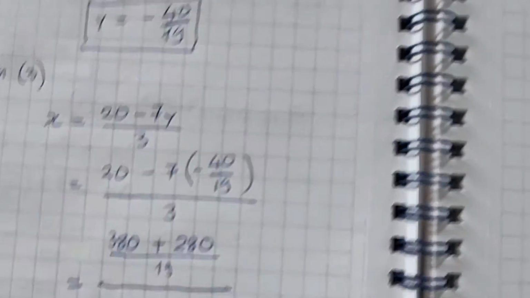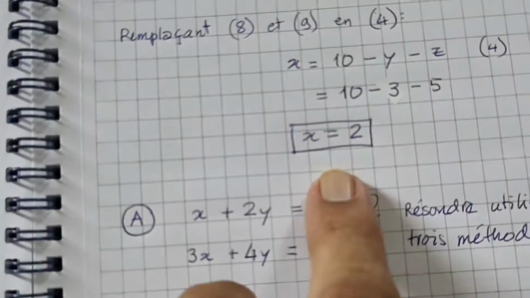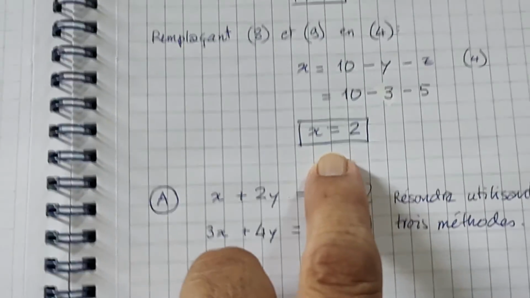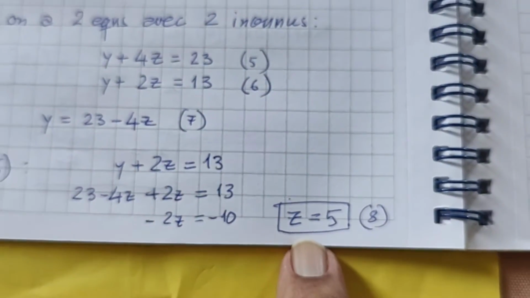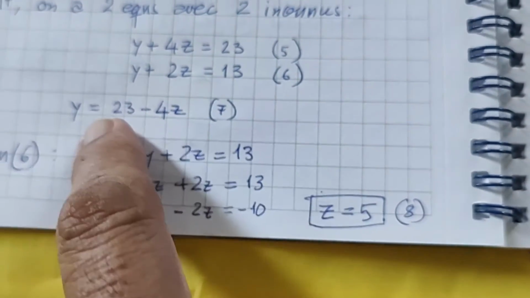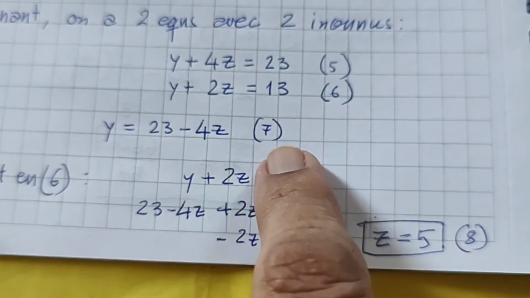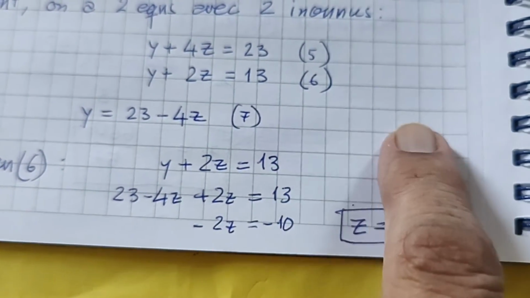And at no point, see, for example, when I discovered here that x is equal to 2, I didn't go up here and start writing, and when I discovered z is equal to 5, I didn't go up and start writing it here. I could have just written, y is equal to 23 minus 4z is equal to 23 minus 4 into 5 is equal to 3.